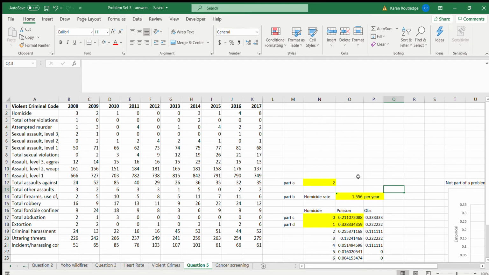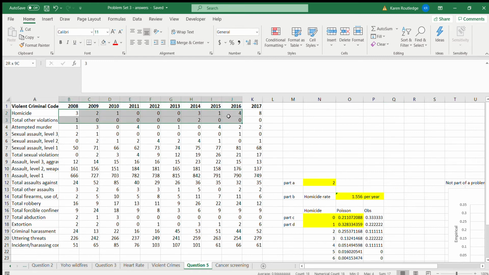Part B, we're asked to calculate the expected number of homicides in a given year. So an expected number is an empirical probability, and that is, for us, the average. So on average, how many homicides happened per year?